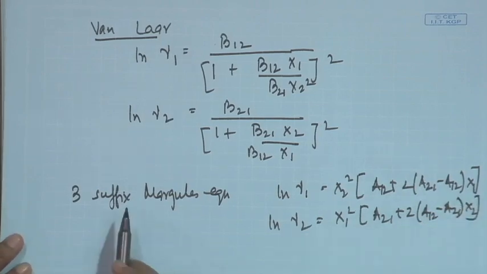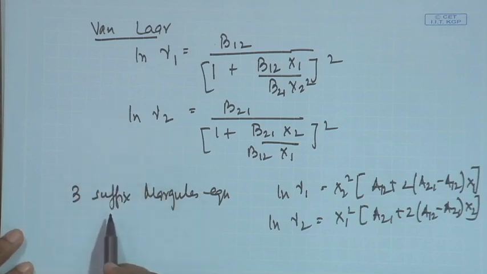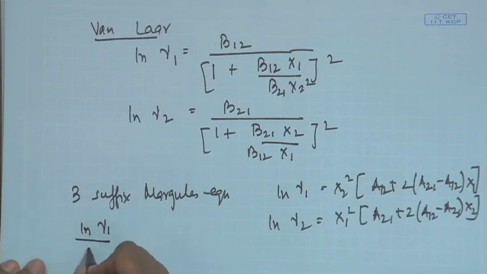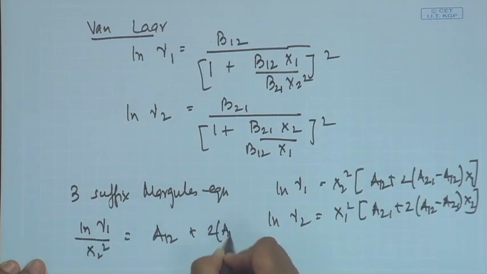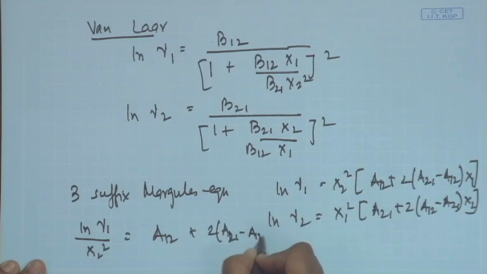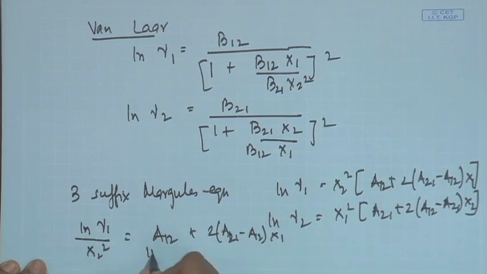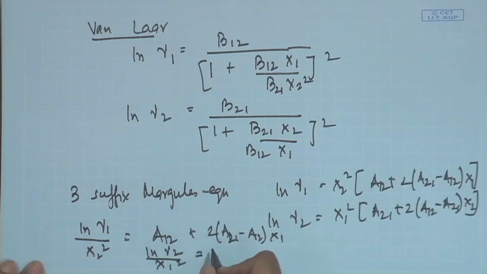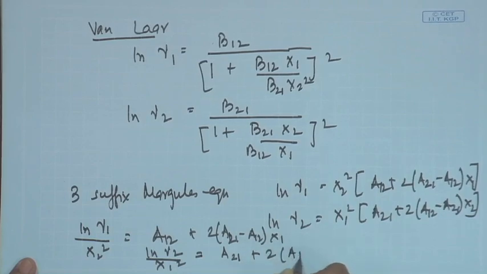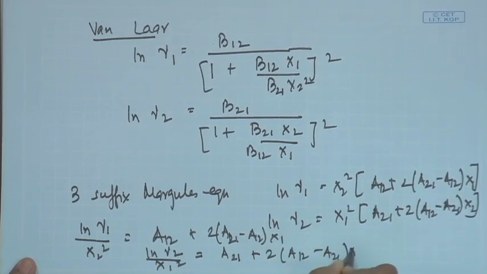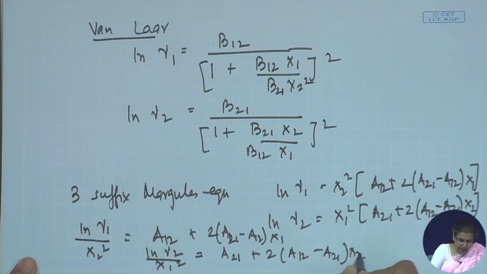Now, if you observe these two equations, what do you find? If we write it down as ln gamma 1 by x2 square, this becomes a12 plus 2 into a21 minus a12 into x1. In a similar way, ln gamma 2 by x1 square becomes equal to a21 plus 2 into a12 minus a21 into x2.